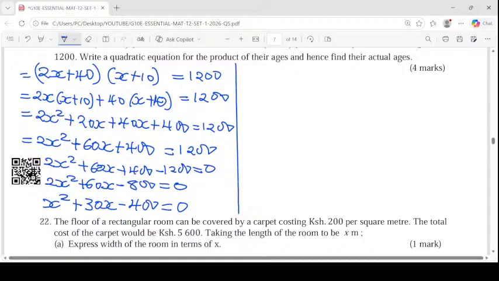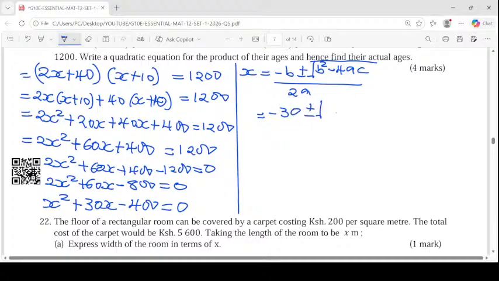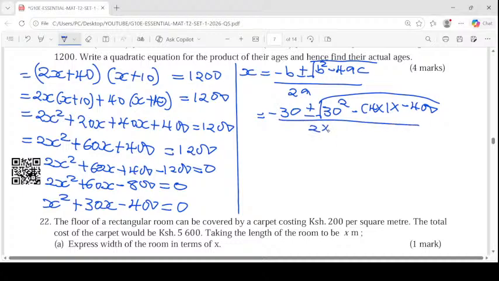The quadratic formula is x is equals to minus b plus or minus the root of b squared minus 4ac, divided by 2a. So minus b becomes negative 30, plus or minus the root of b squared, which in this case is 30 squared, minus 4 times a, which is 1, times c, which is negative 400, divided by 2a, which is 2 times 1.